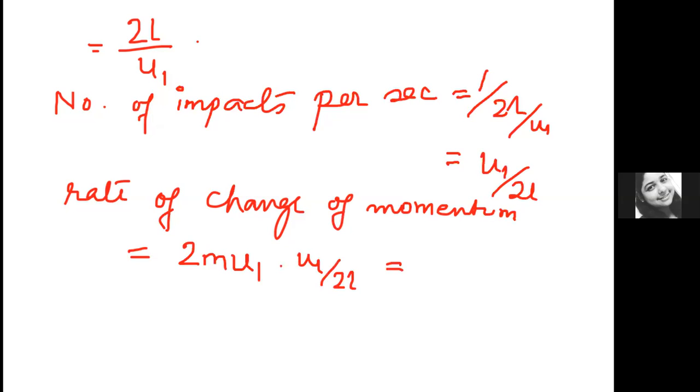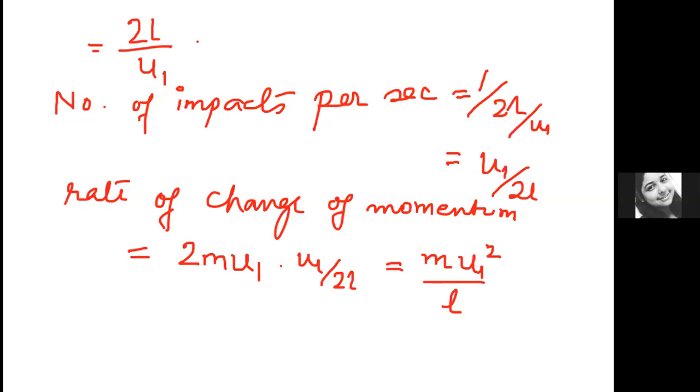So that gives me mU1 square by L. Okay, are you following? If you have any queries, then just write it up in the chat box. Once I cover this part, I'll check all the questions of yours and I'll discuss.